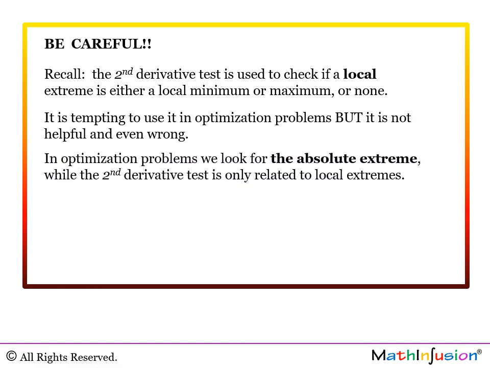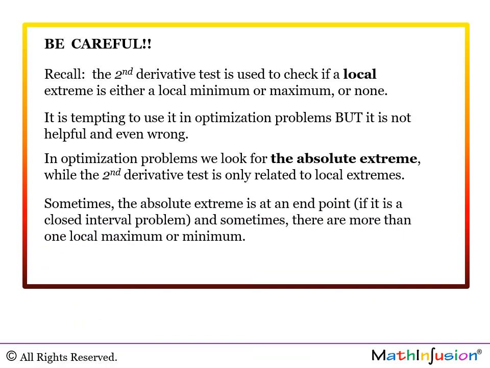In optimization problems, we look at the absolute extreme, while the second derivative test is only related to local extremes. Sometimes the absolute extreme is at the endpoint, and sometimes there is more than one local minimum or maximum. Using the second derivative in optimization problems is really dangerous, and I will not use it.